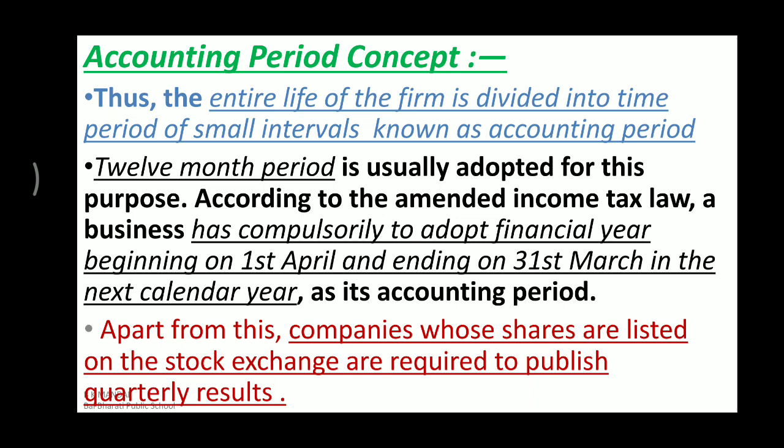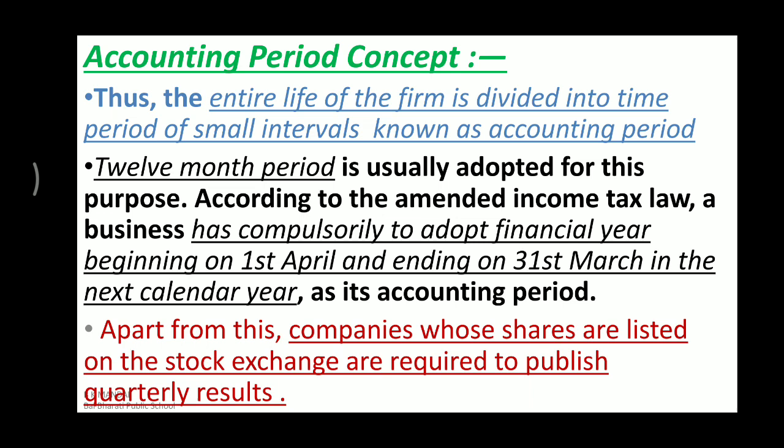And one important thing is that, apart from this, companies whose shares are listed on the stock exchange are required to publish quarterly results. After every 3 months, they have to publish reports. That means in a year, they have to publish 4 reports.